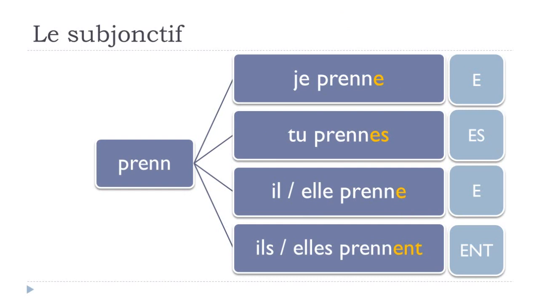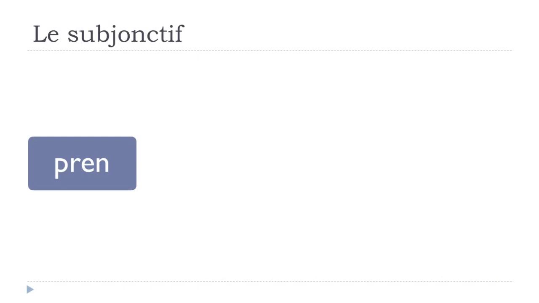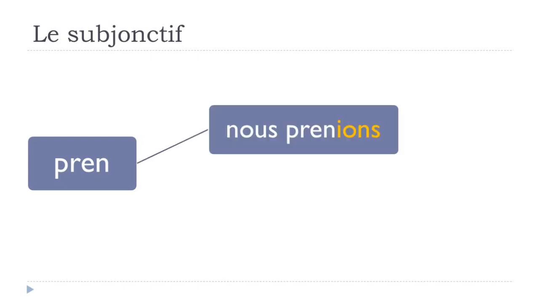Okay, so it's the first part, because if you remember, we had as well this part from nous, okay, and as I told you, the difficulty of the subjunctive is just because we will have a difference of construction for nous and vous, and so in that case we'll take this first part here, we put it here, and we put the ending ions.